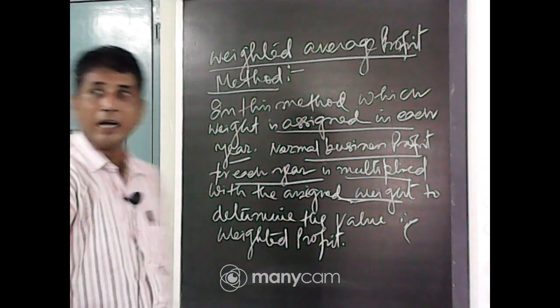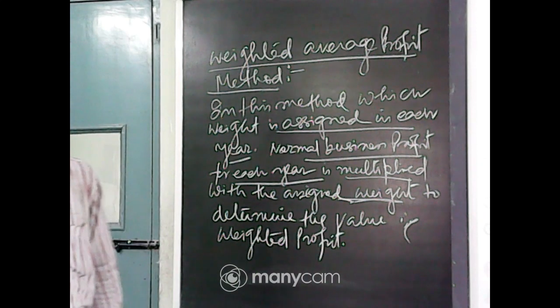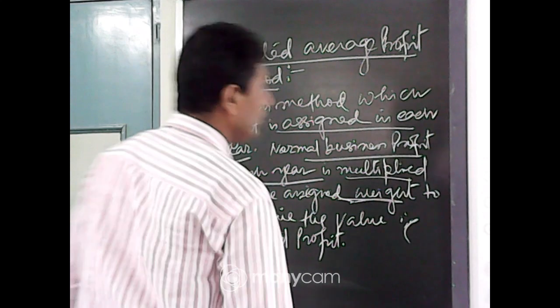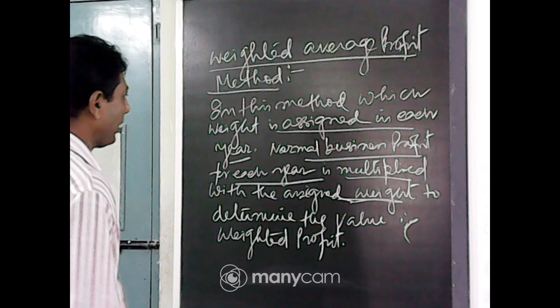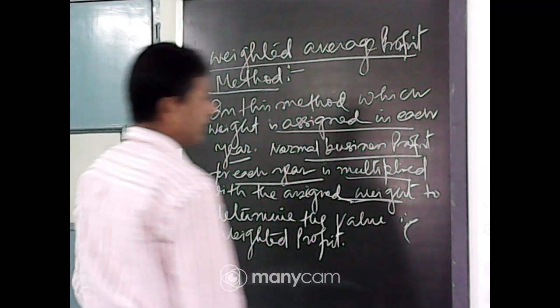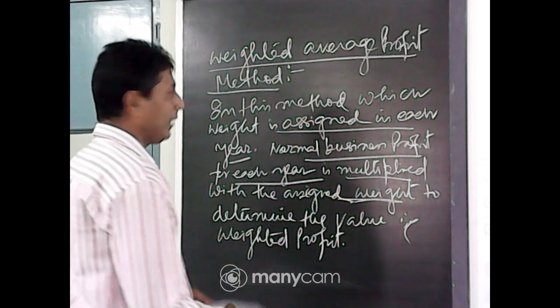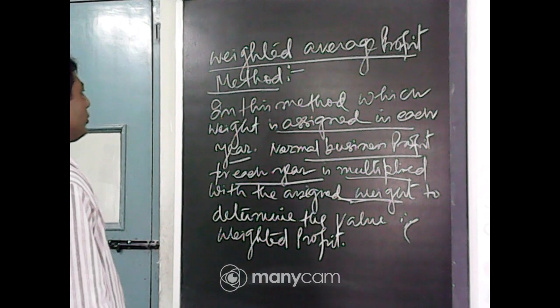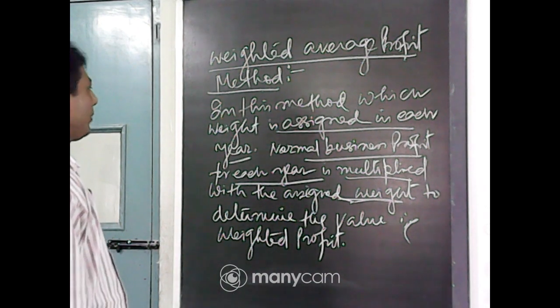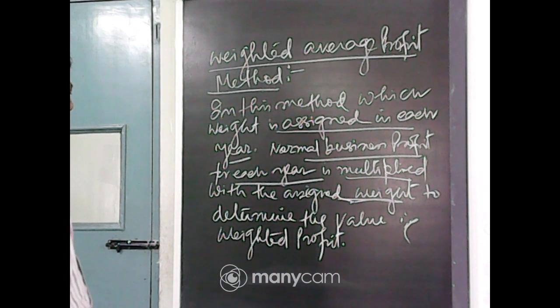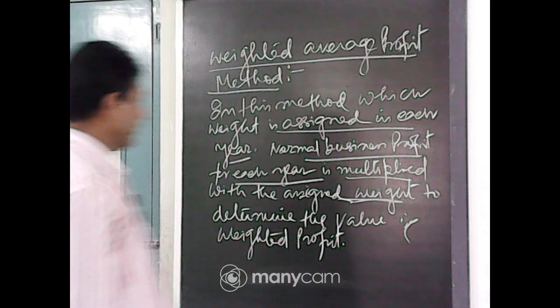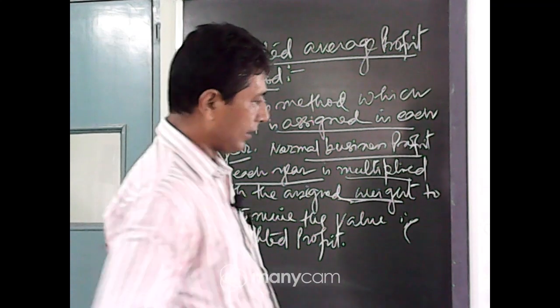So at first, you calculate the normal business profit. After that, you multiply it by the assigned weight to determine the weighted profit. Okay.